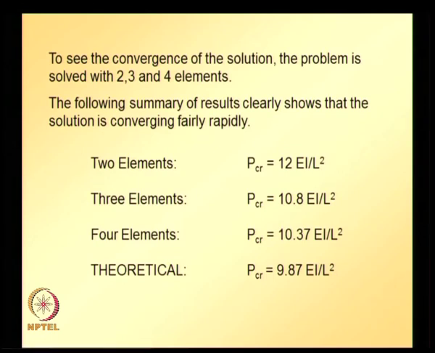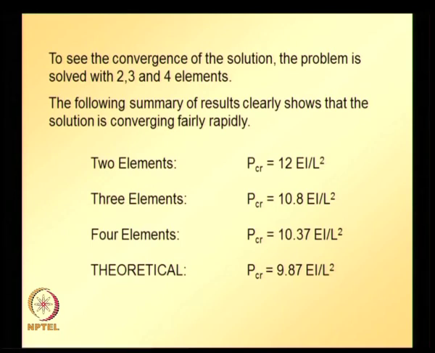With 3 linear elements, we get 10.8 EI over L square. With 4 elements, the finite element solution gives P critical as 10.37 EI over L square, whereas the theoretical value is pi square EI over L square, which is 9.87 EI over L square. So, you can see the solution is converging.